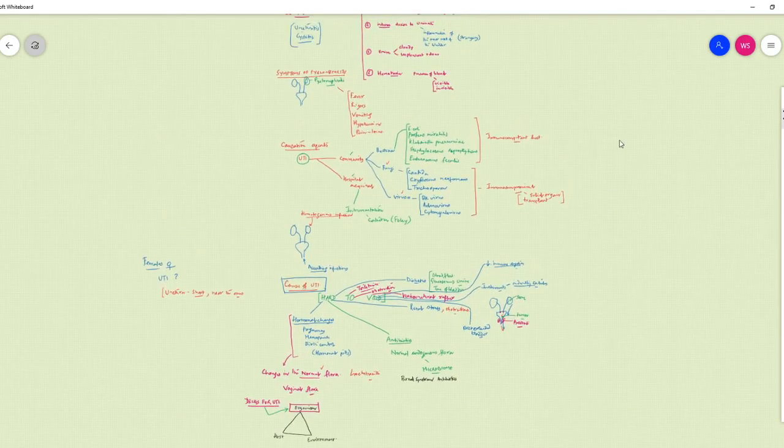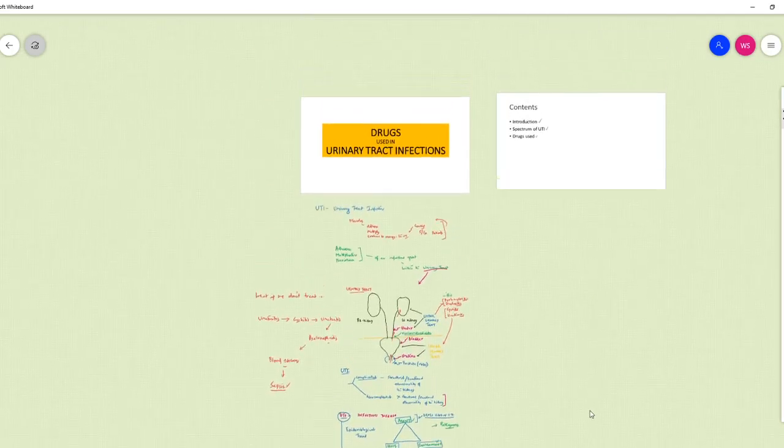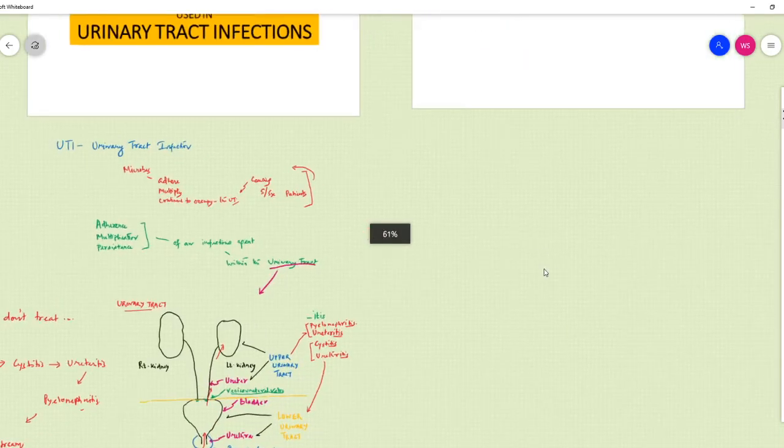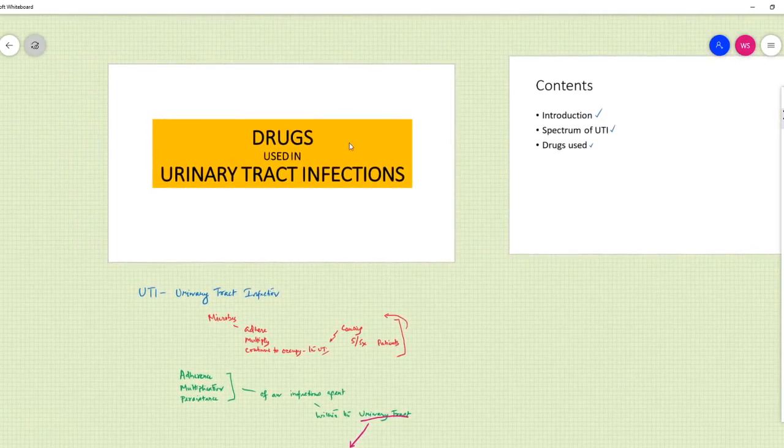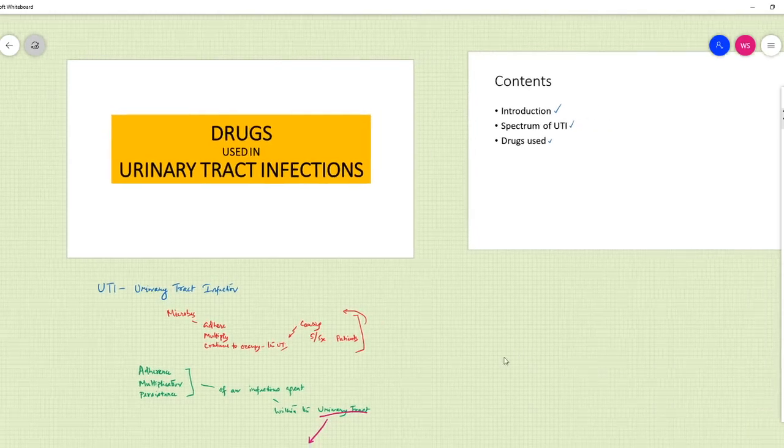So let's come back to where we began. We set out to learn the drugs used in urinary tract infections. We talked about the introduction. We have defined what a UTI is, and we talked about the spectrum of UTI.